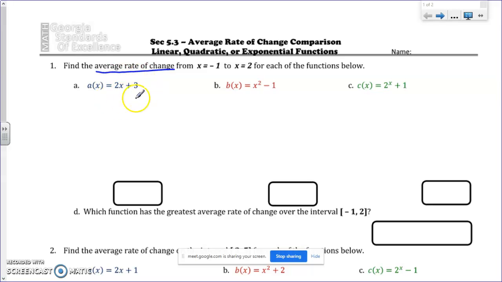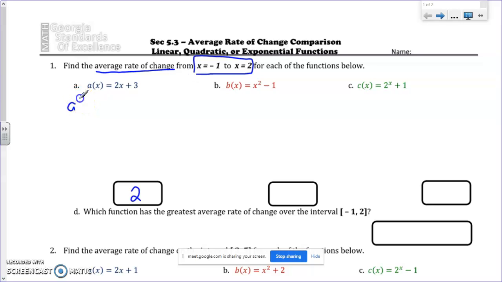So here we have a linear function. We know immediately what the rate of change is going to be from this function. What is it without even doing any work? 2. How did I know that? Because it's with the x, okay? But let's do the math because that's where you're having trouble. So I'm finding the slope from -1 to 2.